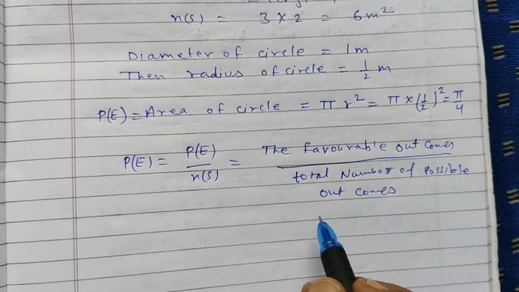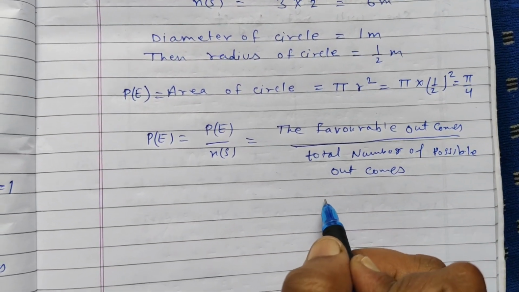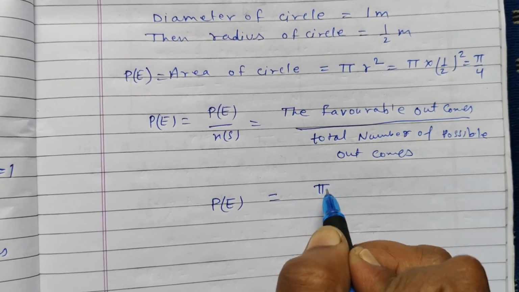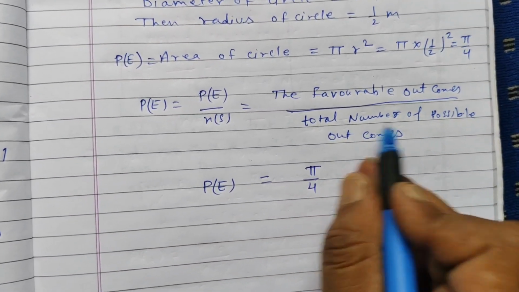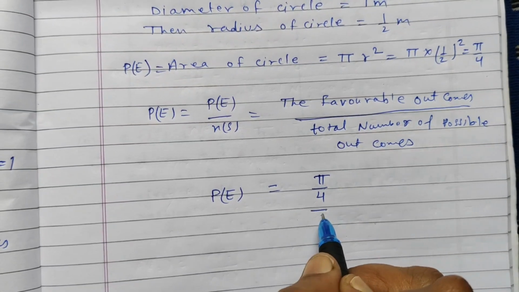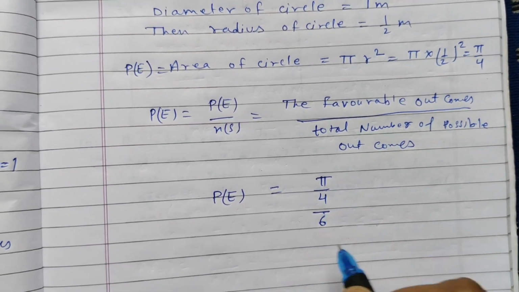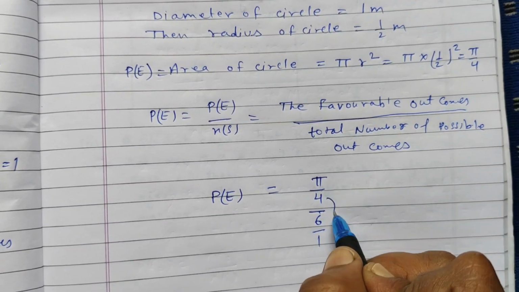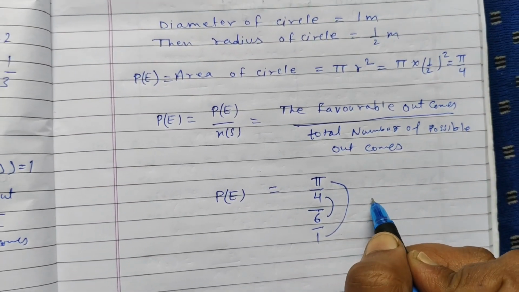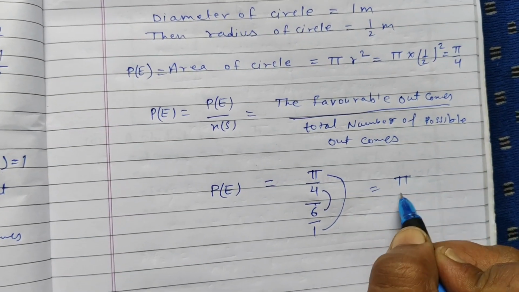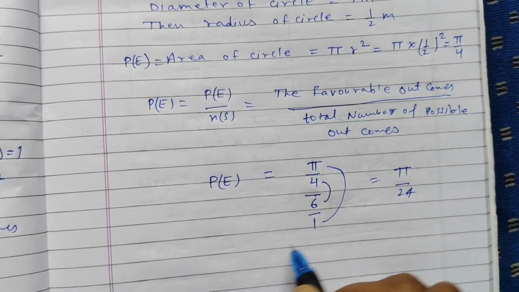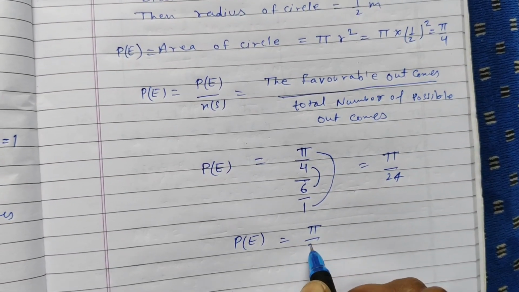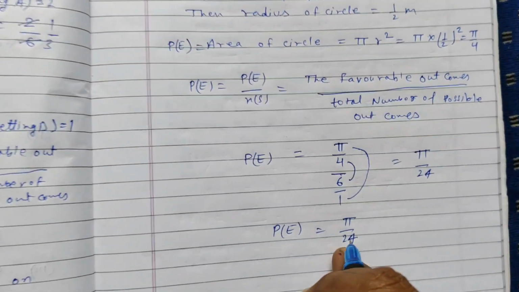Favorable outcomes जो है हमारा is equal to pi by 4 and total number of outcomes जो है हमारा area है वो 6. So there is a numerator and denominator, so we multiply this and this, and this and this. So P is equal to pi by 6 into 4, that is 24. So P(E), probability, is equal to pi by 24. This is the probability.